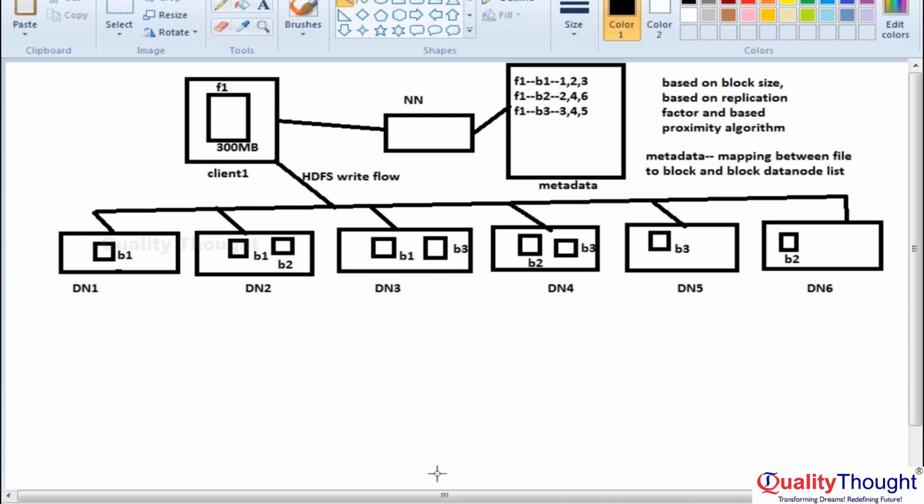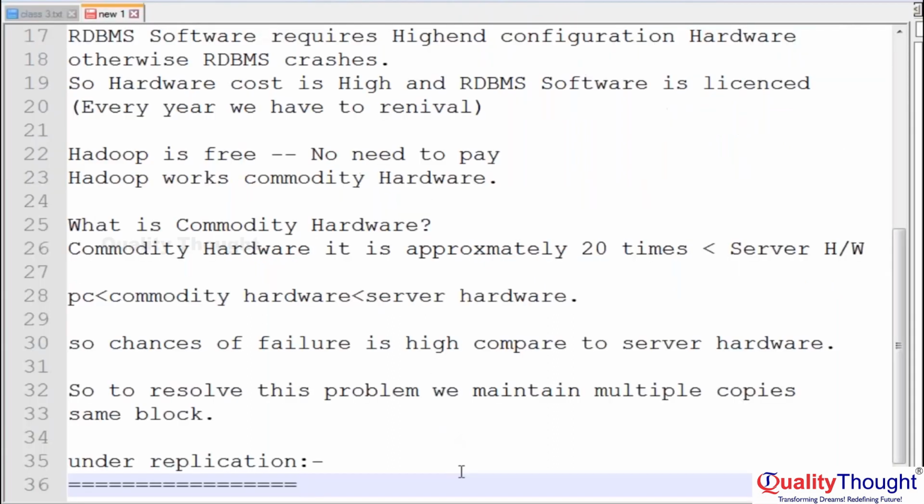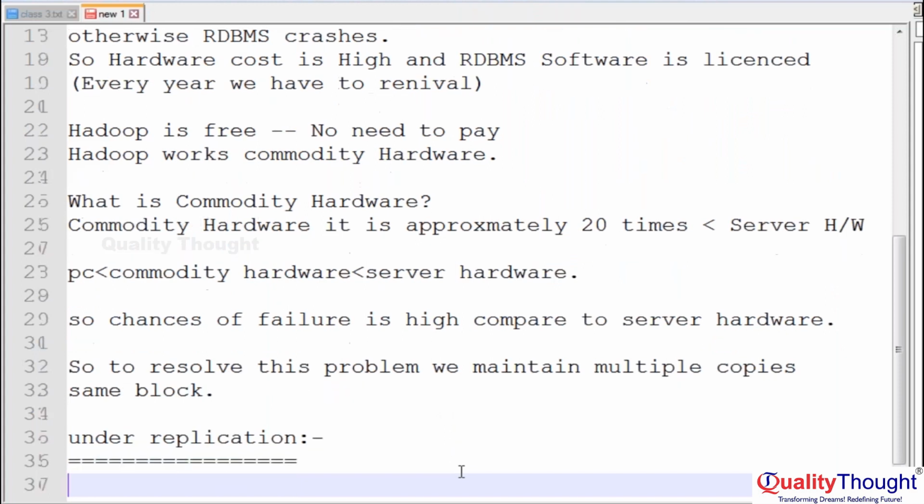Let's come to under replication. What is under replication?